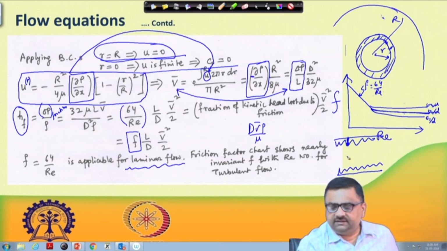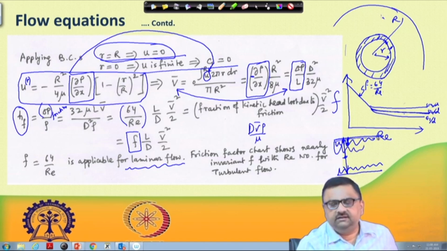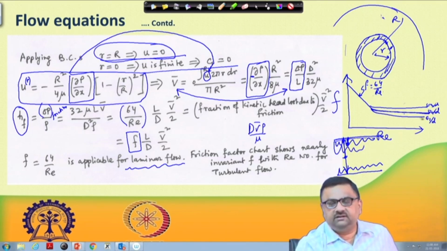This is epsilon divided by D, the diameter of the pipe. So, with reference to the diameter of the pipe, what is the height of this roughness? Some walls can be very rough, some very smooth. If it is very smooth, obviously the frictional pressure drop would be less. If it is very rough, the frictional pressure drop would be more. That is what it indicates.